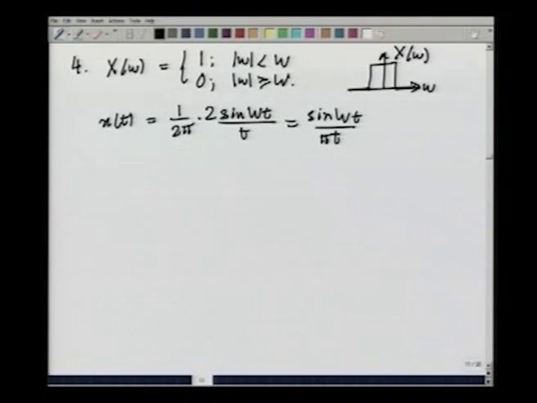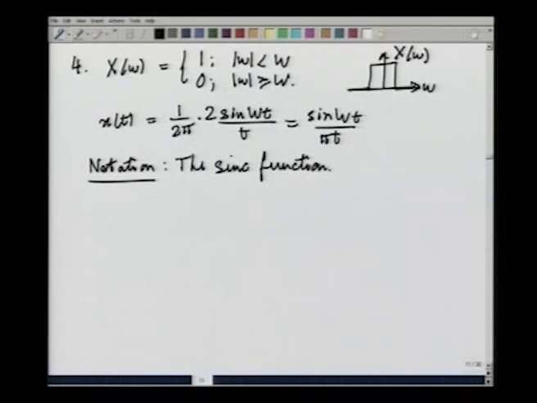Now, next point, we will introduce the notation that we call the sinc function. The sinc function is defined as follows.